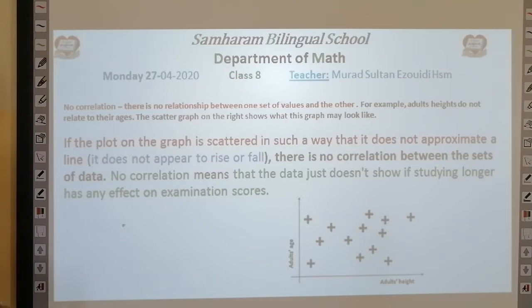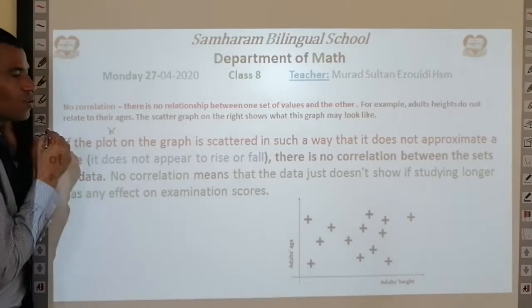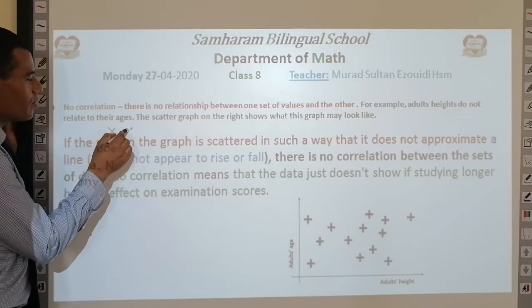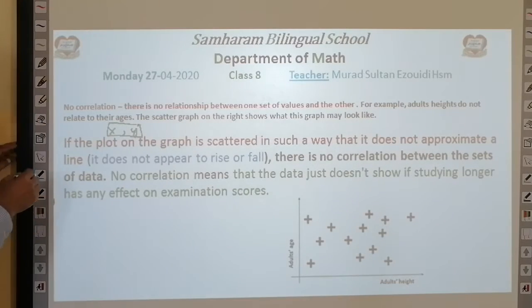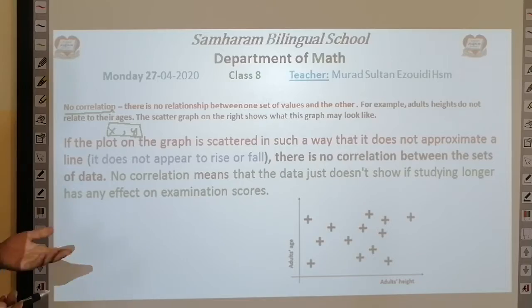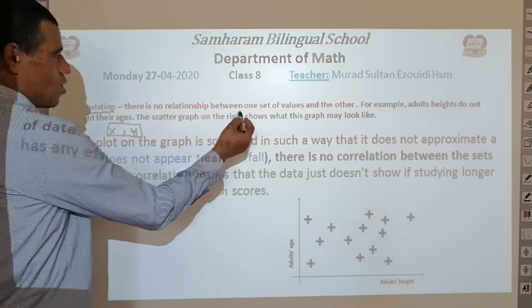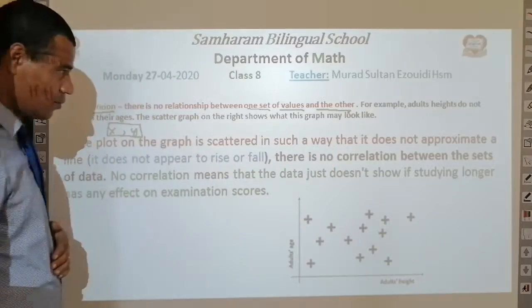Now let's see where we have no relationship between two variables or two quantities x and y. If we don't have any relationship between x and y, it's called no correlation. It means there is no relationship between one set of values and the other.